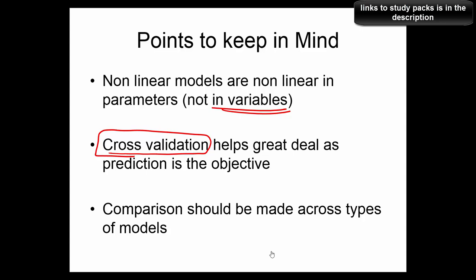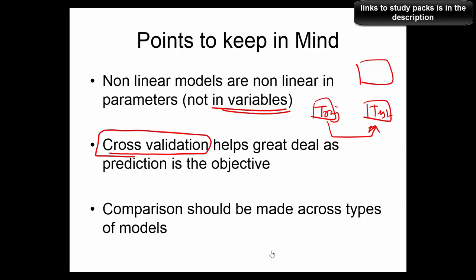So you start with the main data set, divide that into two types, training and testing. Build the model in the training and test it here. And try all functional forms. You are guessing those functions to be perfect for your data, and then test those models in the test data and see which one is giving the best result.